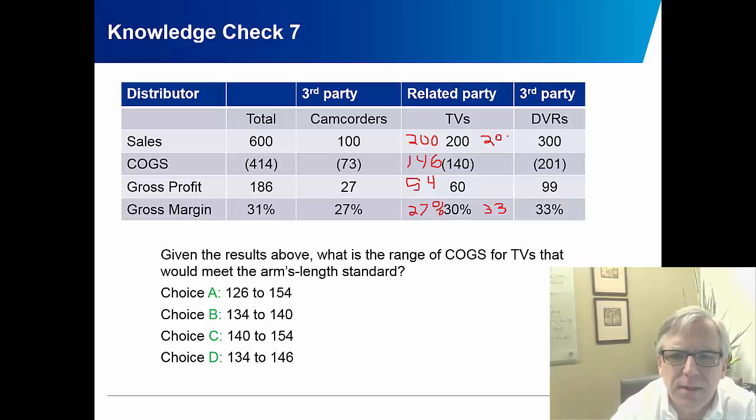That's an unrelated party transaction. We're going to get a profit level of 66, implying that we would have been able to purchase these TVs for as little as 134 and still had a profit that would have put us in the range.